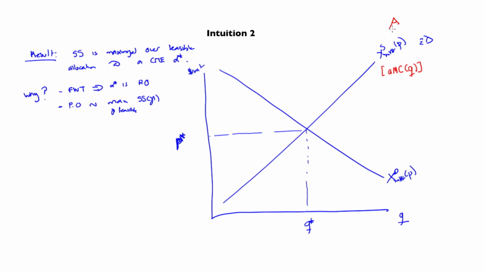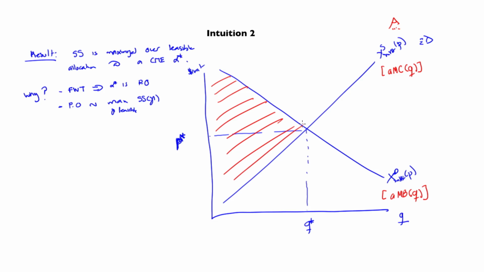And that's when we look at the locus as a function of Q. And this one is the aggregate marginal benefit as a function of Q. And we saw the interpretation: the marginal cost of producing another unit for the group, and the marginal benefit of giving another unit to the individual with the highest marginal benefit. Now, from this, intuitively, the allocation that maximizes social surplus is going to be the one at which these two curves cross.